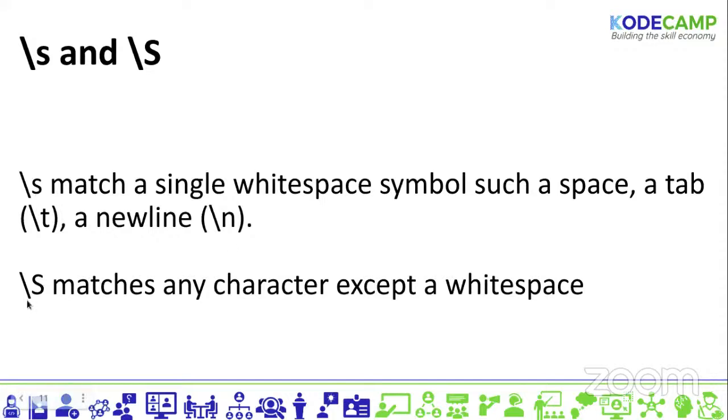Then we see this other character set, \S with a capital S, matches any character that's not a white space. So it could be a digit, it could be an alphabet. It would match it.